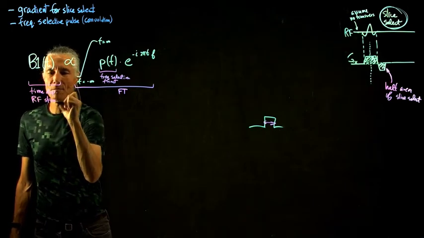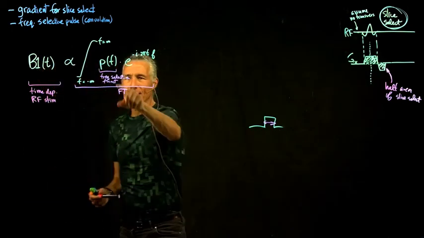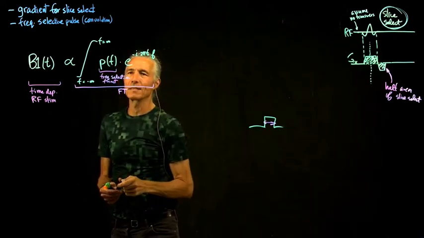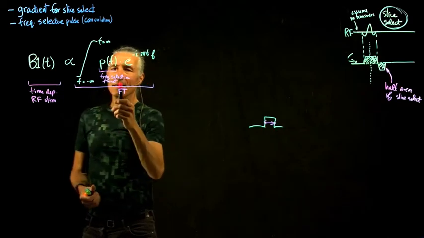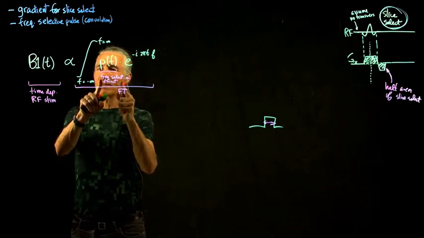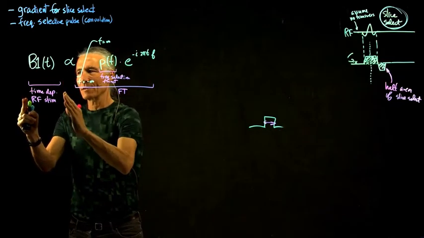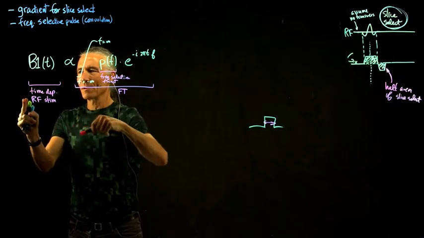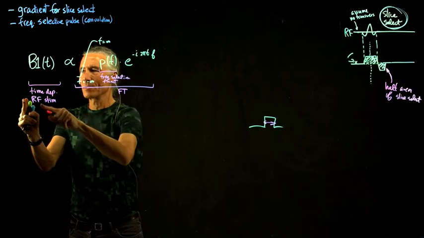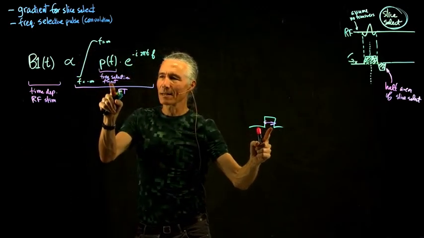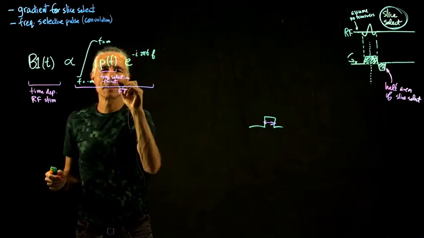So what do we need to do in order to get this frequency selection function? That's what this equation is telling us. And what we need to do is to take that frequency selective function, do the Fourier transform of it, and then that gives us our time-dependent sequence of things that we need to do to our RF in order to generate this frequency selection function. That's our goal.